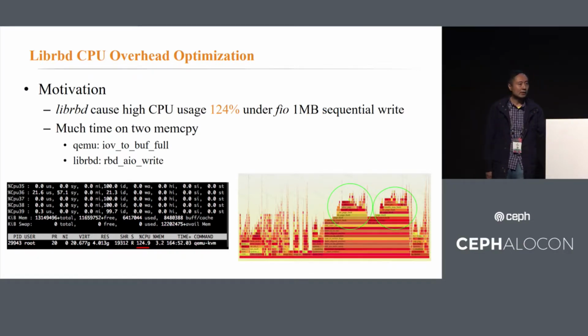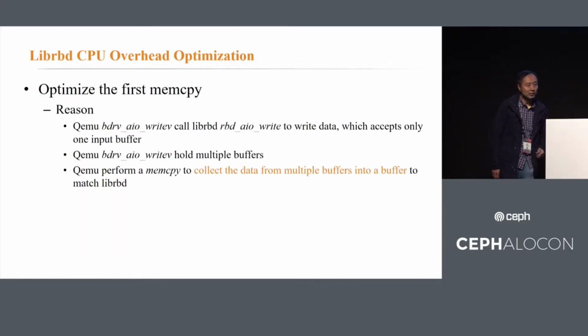Now let's look at the two memcpy calls carefully. The first memcpy is issued by qemu. Why does qemu call this memcpy? qemu calls the AIO write API to call the librbd AIO write API to pass the data from qemu to librbd.